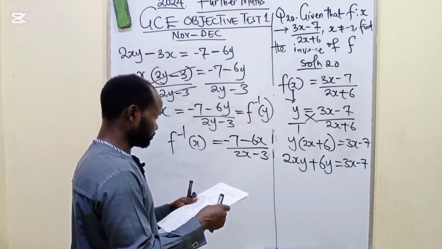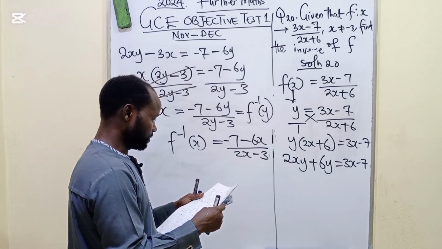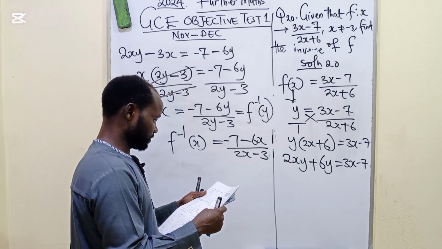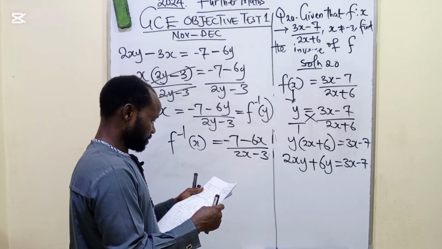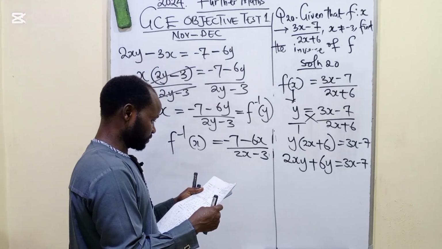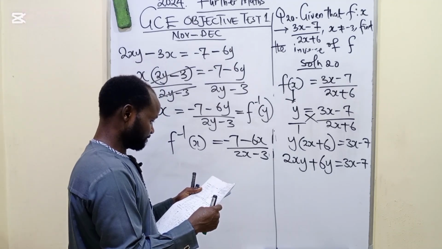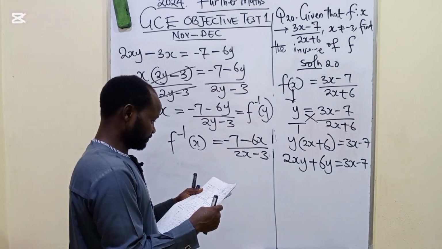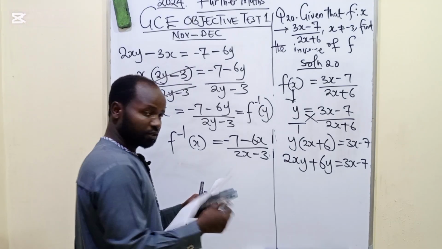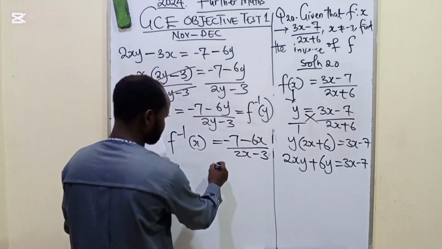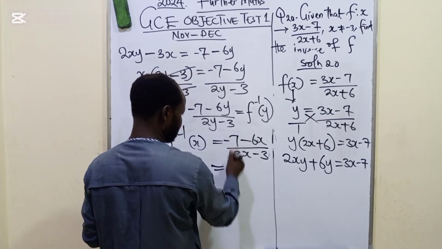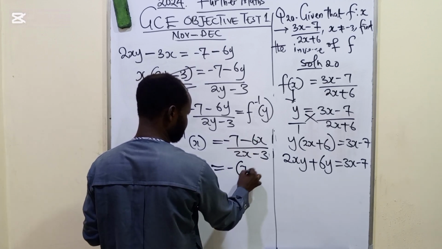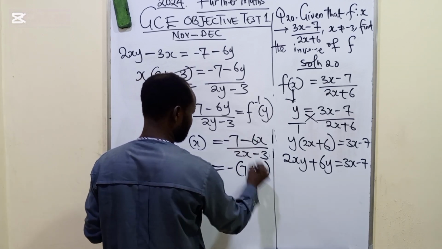And the correct option is, let's check. Minus 7 minus 6x. Let's see if we can factor out. Minus 7 at this point, that will be minus into 7 plus 6x.